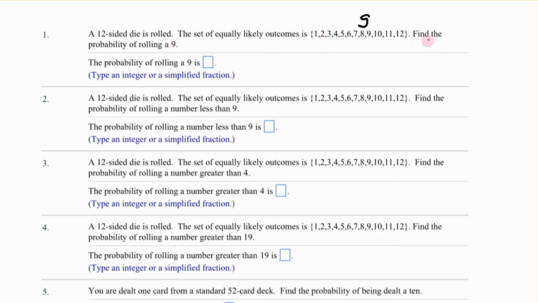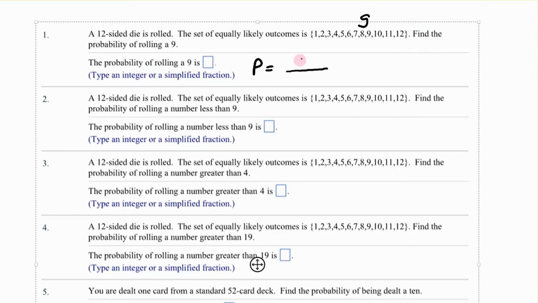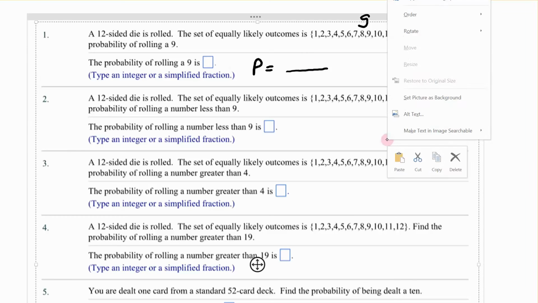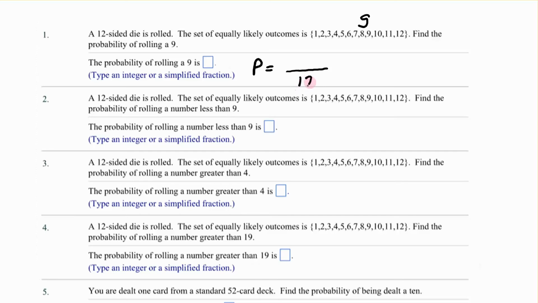Now, if I look at this, I know that the probability is the number of ways I can get a 9 on top over the total number of things I can get. There are 12 outcomes. When you roll this 12-sided die, you could get a 1, a 2, a 3, a 4, and so on. That's your sample space. How many different ways can you get a 9?